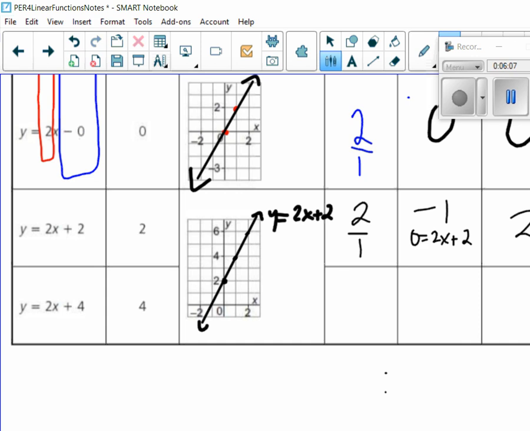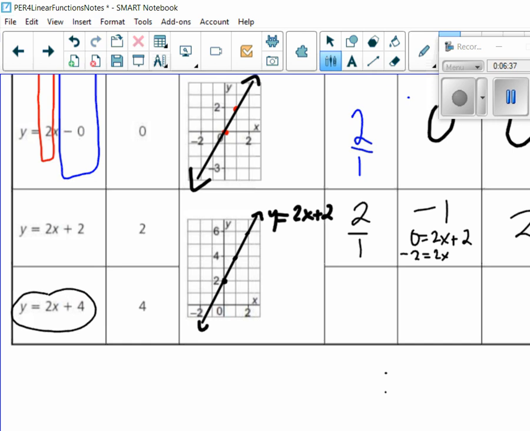Move the 2 over by doing what? Subtracting 2. So do you see that x equals -1? Yeah? It should all work together. Algebraically and graphically, they should fit. So when you actually solve these things, it should match your graph. And if it's not, you did something wrong. Okay, again, what is my y-intercept in y equals 2x plus 4?